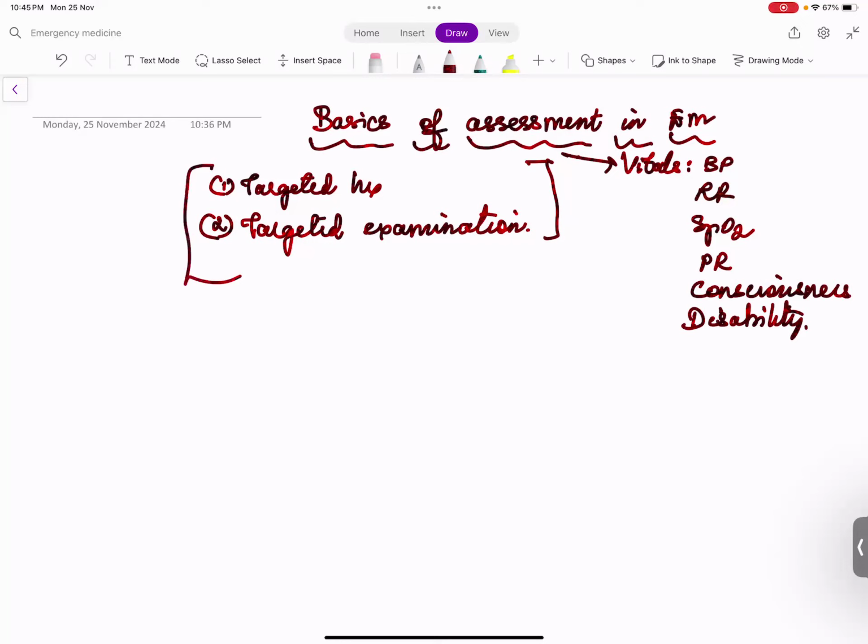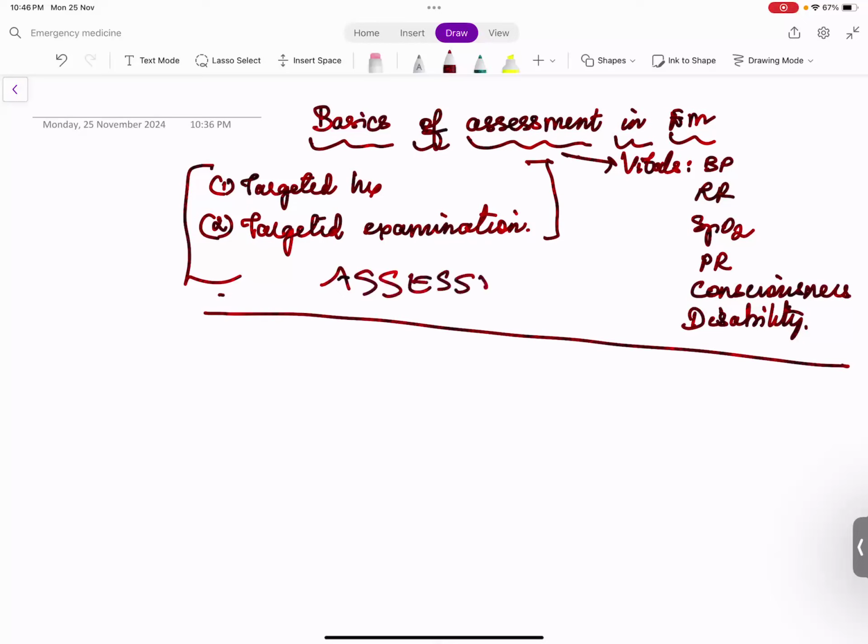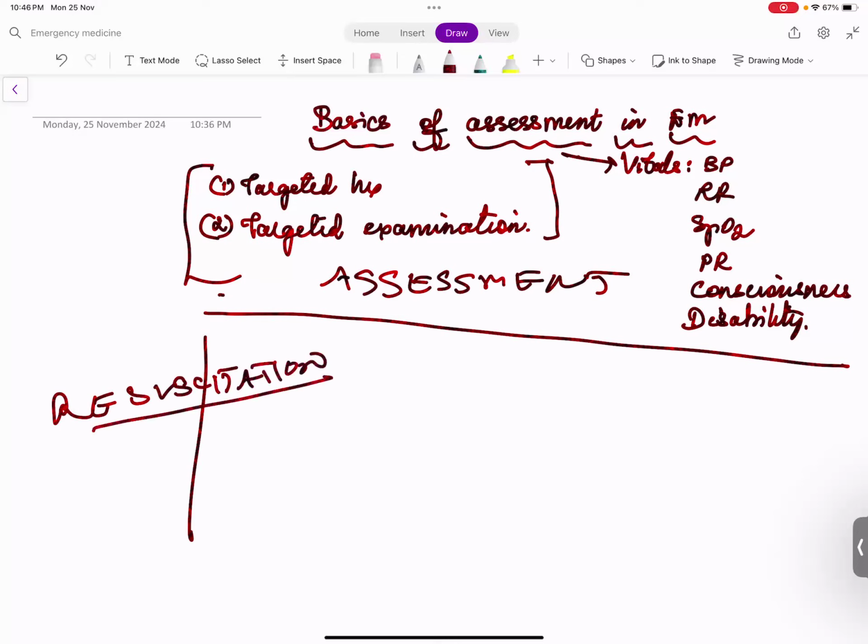At the same time, while you are doing a targeted history, targeted examination, and vitals, this forms the component of assessment. While the assessment is going on, immediately the other side should focus on resuscitation. So in emergency medicine, both assessment and resuscitation should go hand in hand. Resuscitation is not something very dramatic. It is basically simple, like accessing lines.